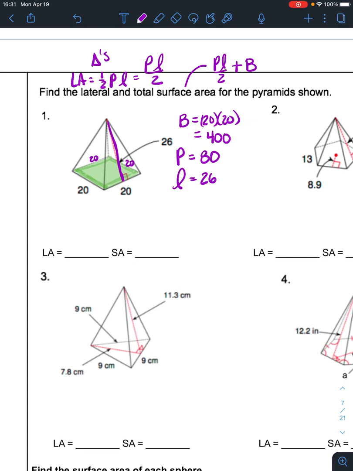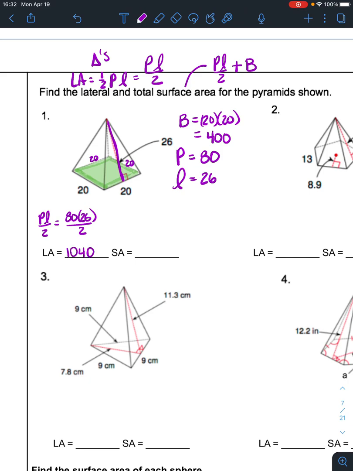So now you can just plug everything into your formula. So lateral area is PL over 2, or 1/2 the perimeter of the base times the slant height. So that would be 80 times your slant height, which is 26, over 2. So 40 times 26 is 1,040.